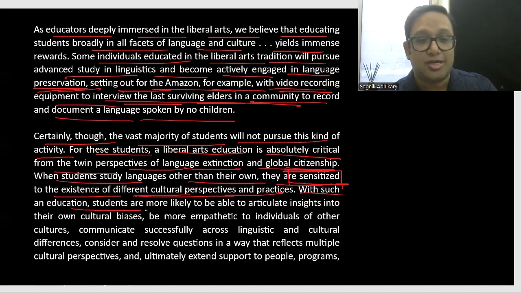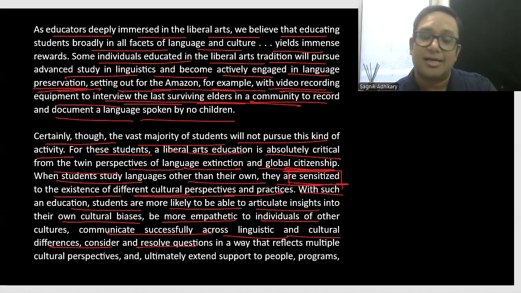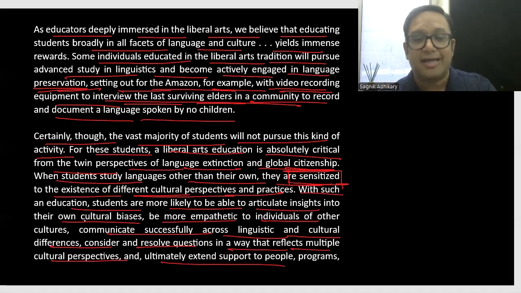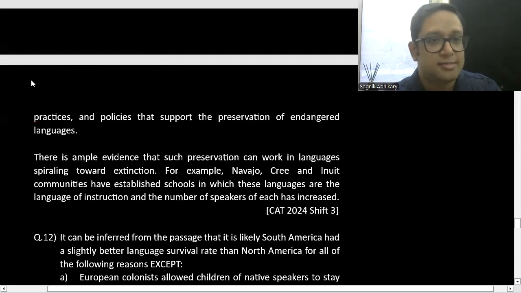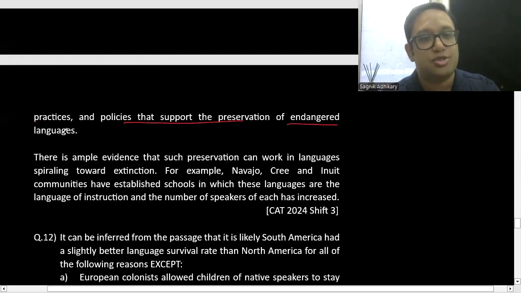With such an education, students are more likely to be able to articulate insights into their own cultural biases, be more empathetic to individuals of other cultures, communicate successfully across linguistic and cultural differences, consider and resolve questions in a way that reflects multiple cultural perspectives, and ultimately extend support to people, programs, practices, policies that support preservation of endangered language.